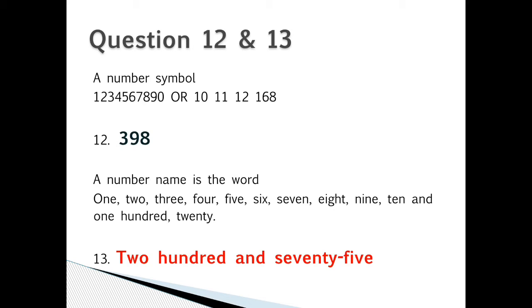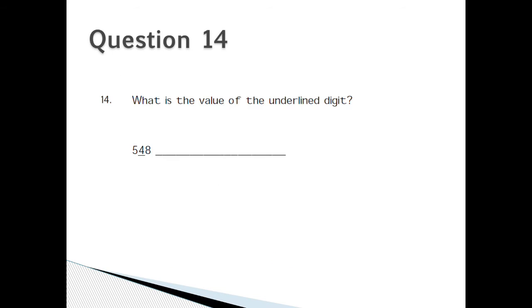A number name is the word 1, O-N-E, 2, T-W-O, 3, T-H-R-E-E, and so forth. 13 is 275. 14. What is the value of the underlined digit in the number 548?